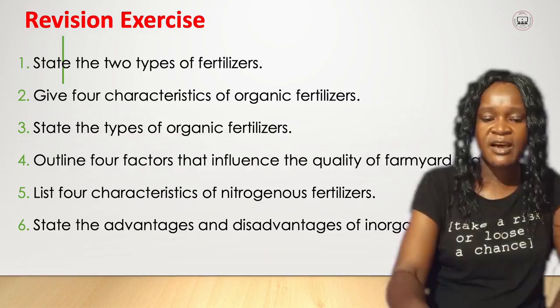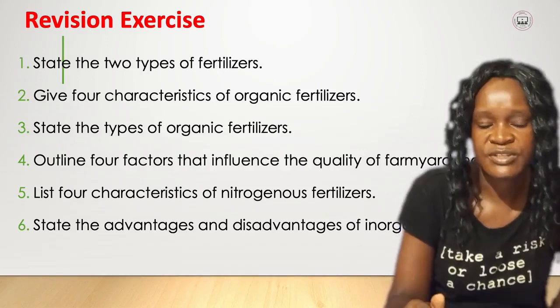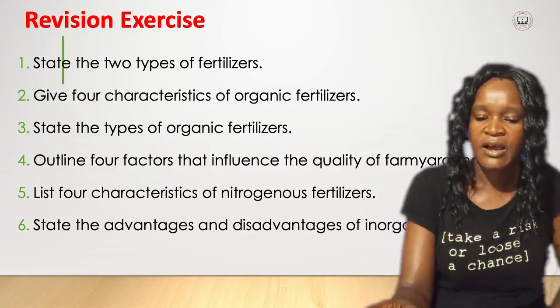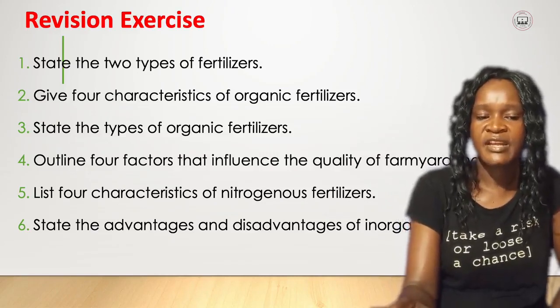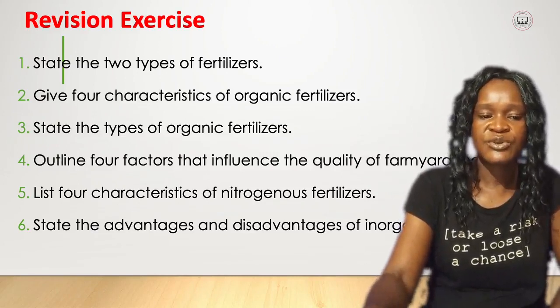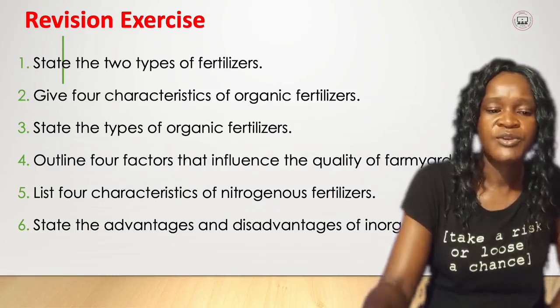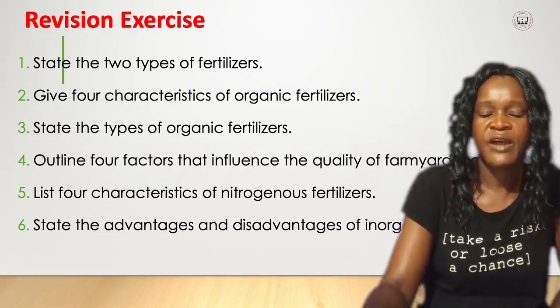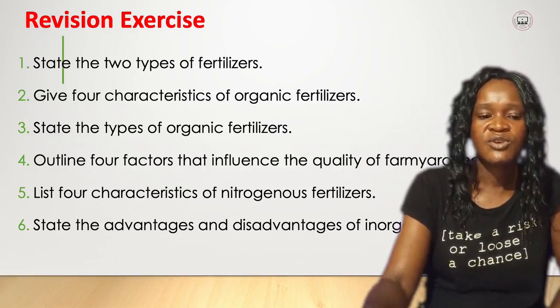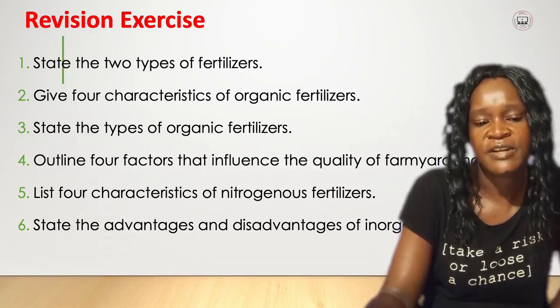So that makes the end of today's lesson, and also the end of topic 2, which was soil fertility. As of now, I think you are able to define what soil fertility is. You are also able to differentiate fertile and infertile soil.